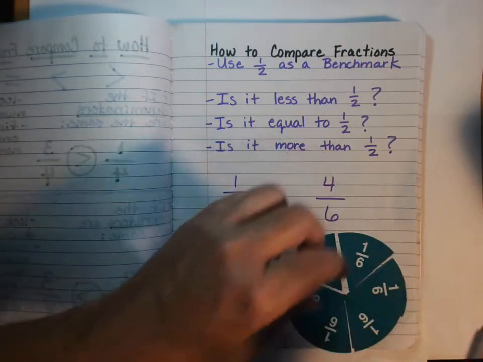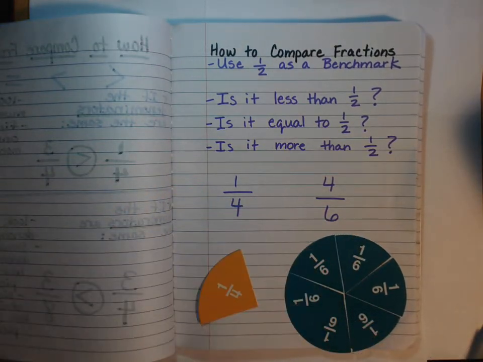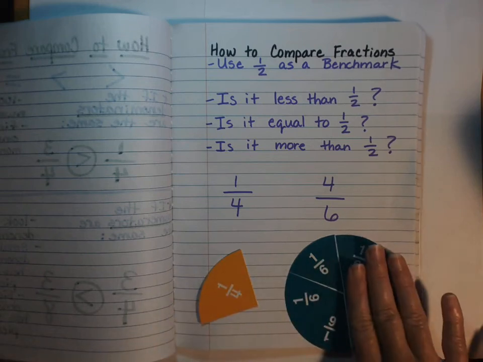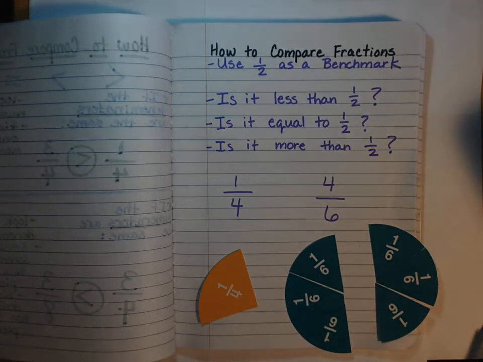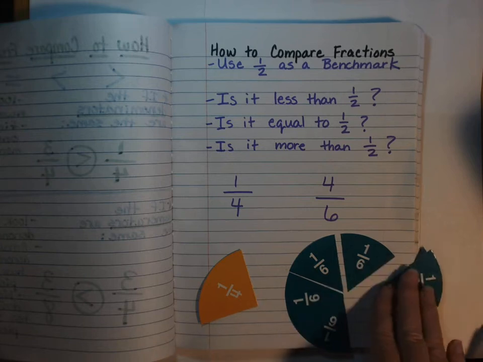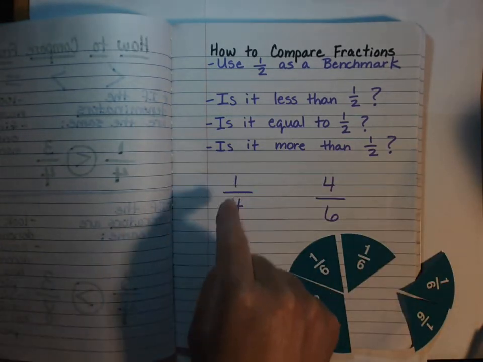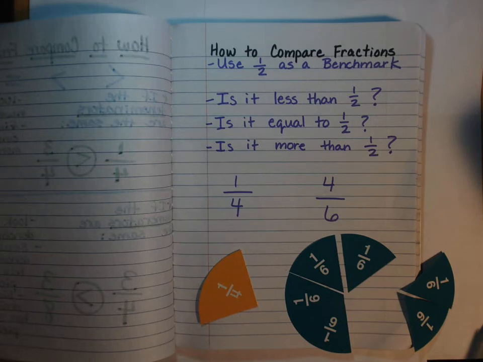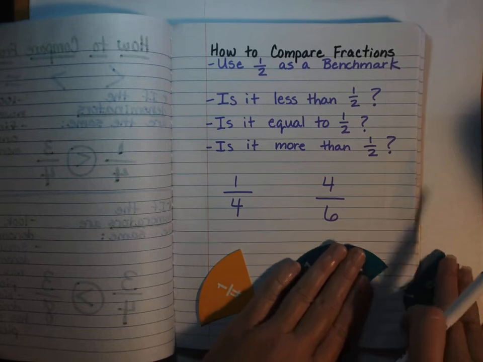If I have 6 equal pieces for a whole, 3 of those pieces would equal 1/2. So 4/6 is more than 1/2, and 1/4 is less than 1/2. So 1/4 is less than 4/6.